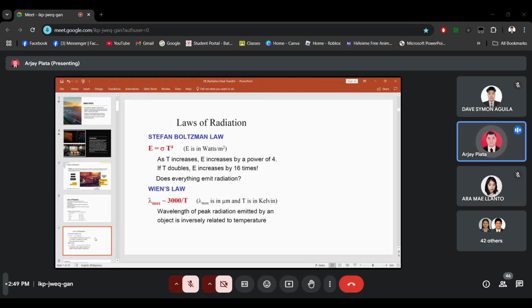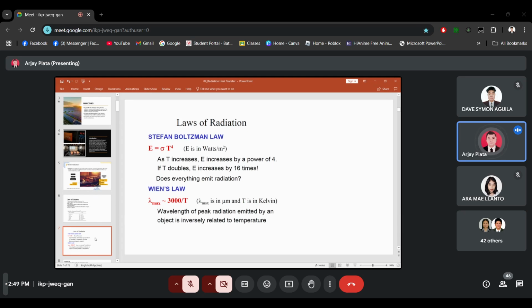Okay, so next we have the Stefan-Boltzmann law, where emissive power E is equal to sigma T to the fourth, where E is in watts per square meter.